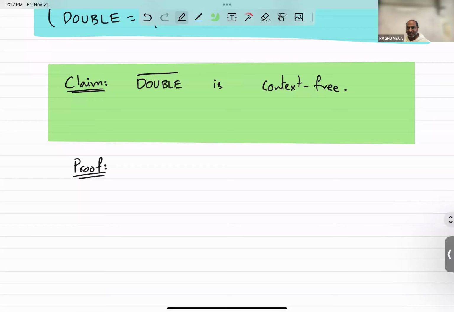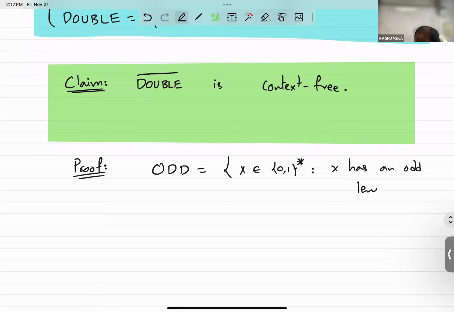So let's first generate them. Okay? So let's say odd equals all x such that x has an odd length. So this is an excellent observation that, clearly, odd is in double complement.